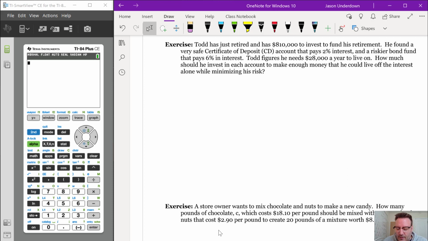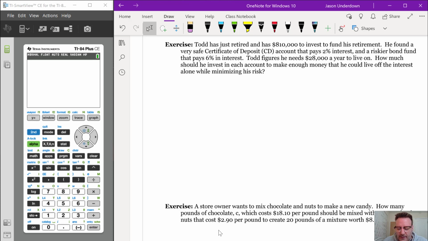But he wants to put as much as he possibly can into the safe account, the certificate of deposit, typically a very safe investment, but yet low yield on interest. And then he'll put the rest into the riskier, but still probably fairly safe 6% interest. How can we model this problem as a linear system?